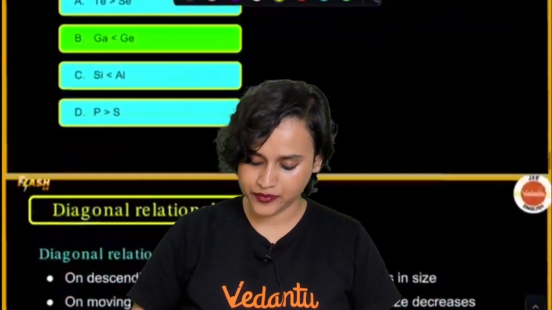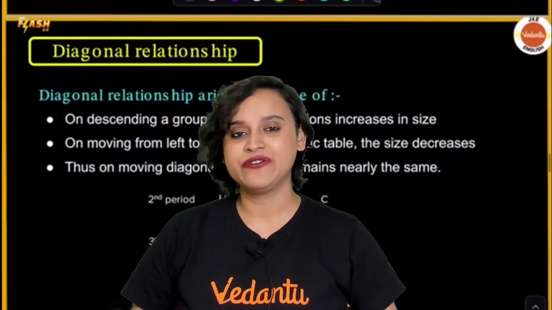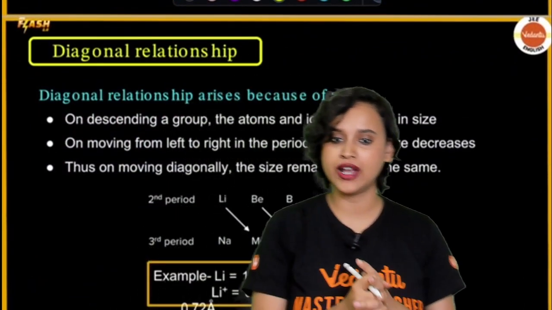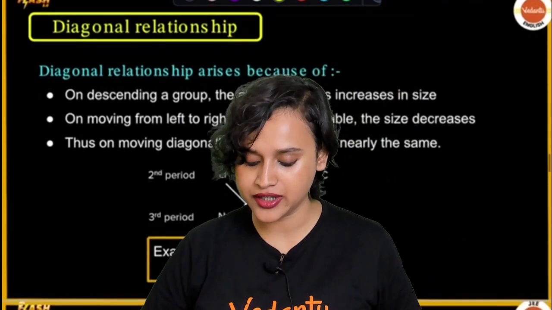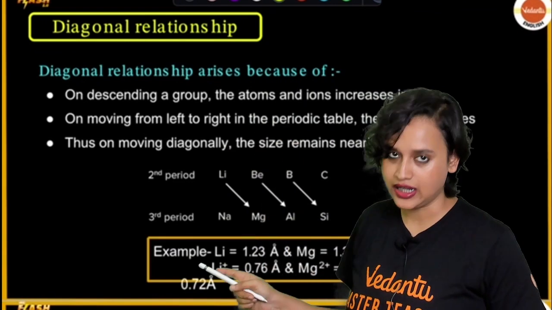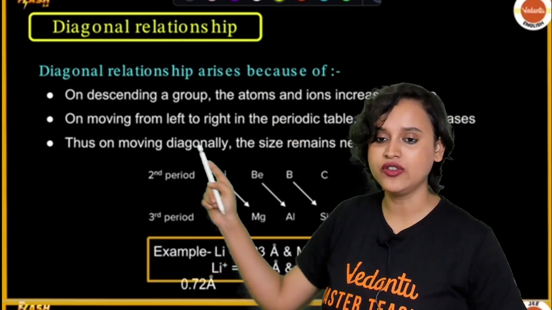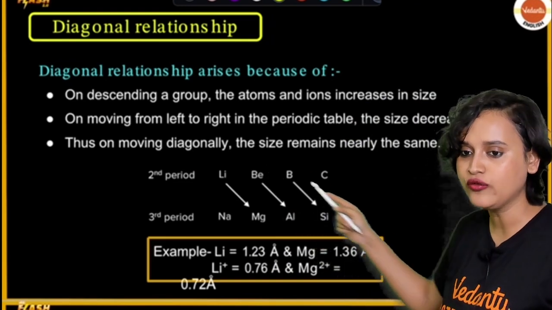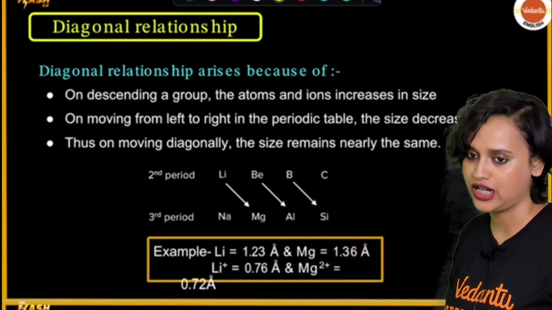Right. Okay. All right. Finally we have come to the diagonal relationship, which we know very well. There are certain elements which exhibit this property of diagonal relationship, especially lithium with magnesium, beryllium with aluminium, boron with silicon. You get to see a relationship, yes?